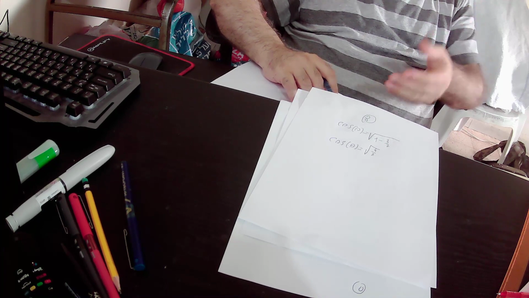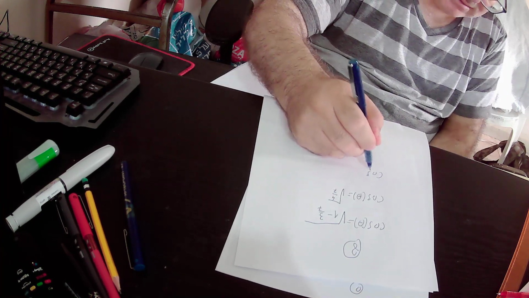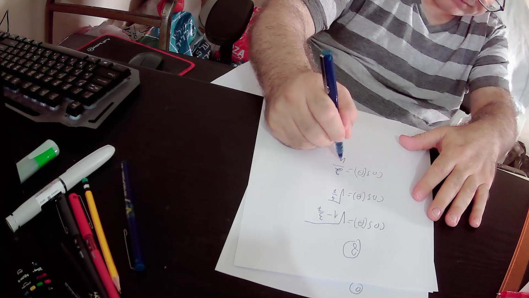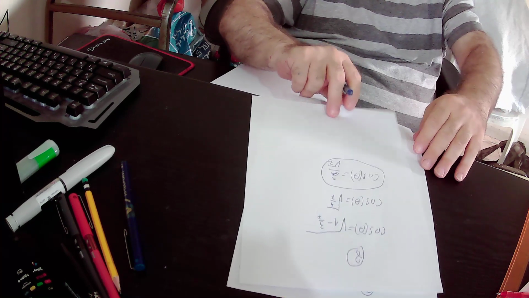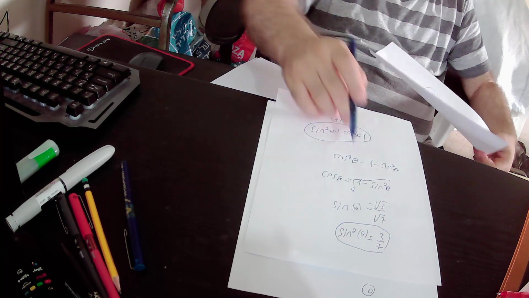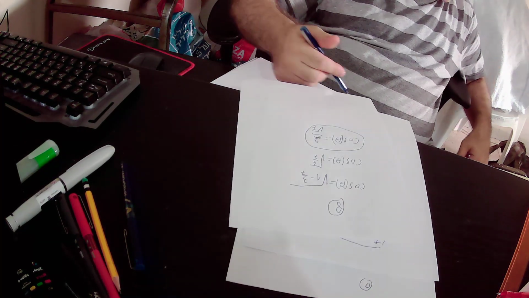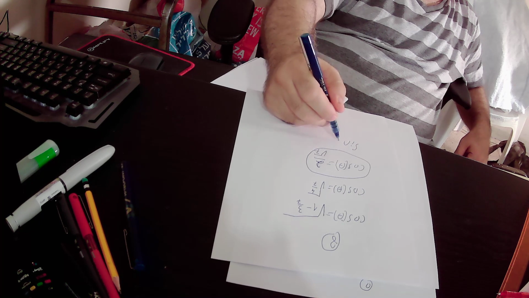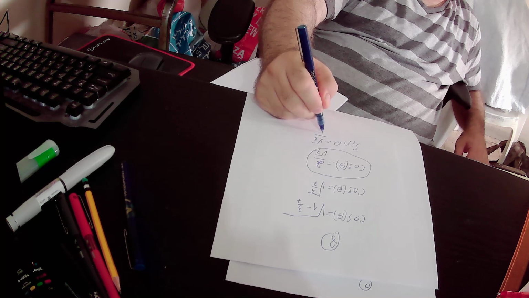The root of 4 is 2, so we get that cosine theta equals 2 over root of 7, while we have already found that sine theta equals the root of 3 over root 7.